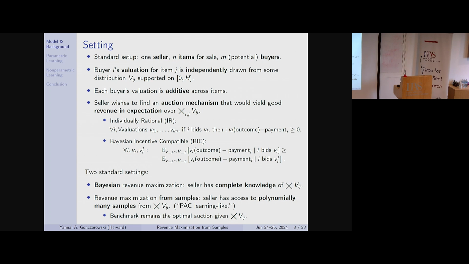Let me ask you this. Say I were to ask you, in the standard econ literature, where does the prior come from? You're a seller. Where does your prior over the buyer's willingness to pay come from?